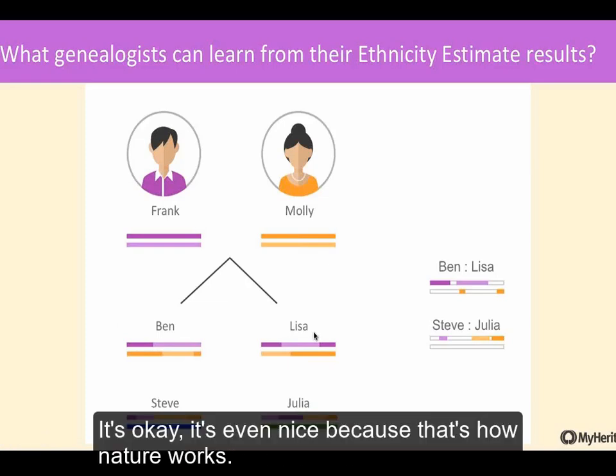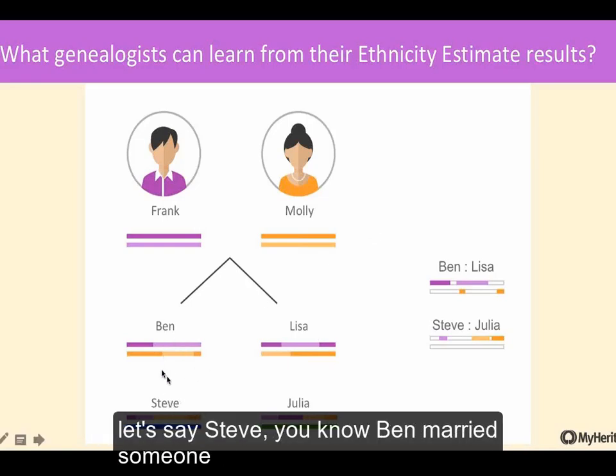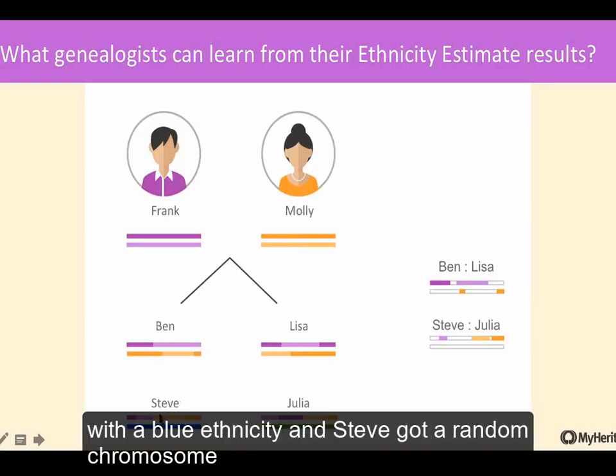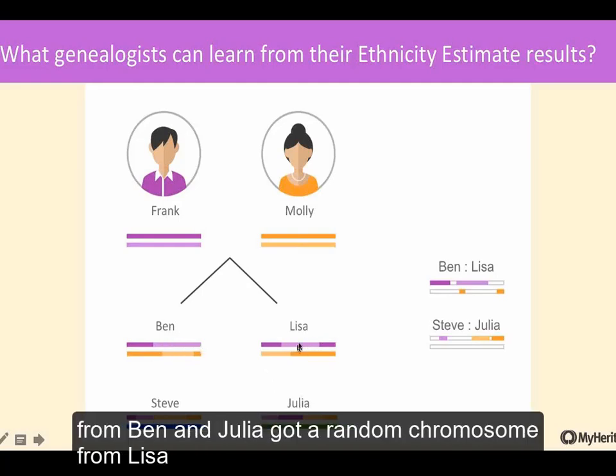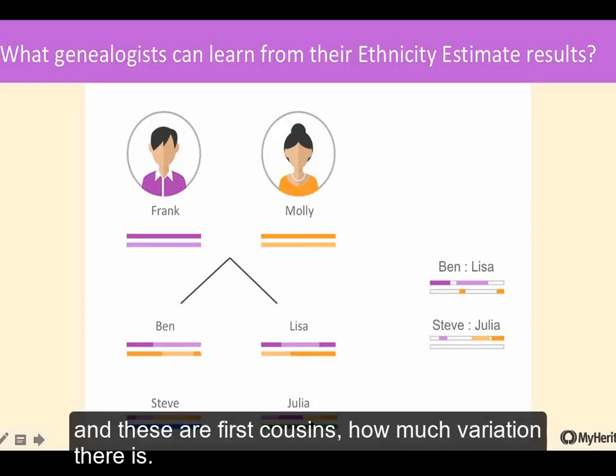Now, when you go to a different generation, let's say Ben married someone with a blue ethnicity, and Steve got a random chromosome from Ben, and Julia got a random chromosome from Lisa, and you can see how much variation there is between these first cousins.